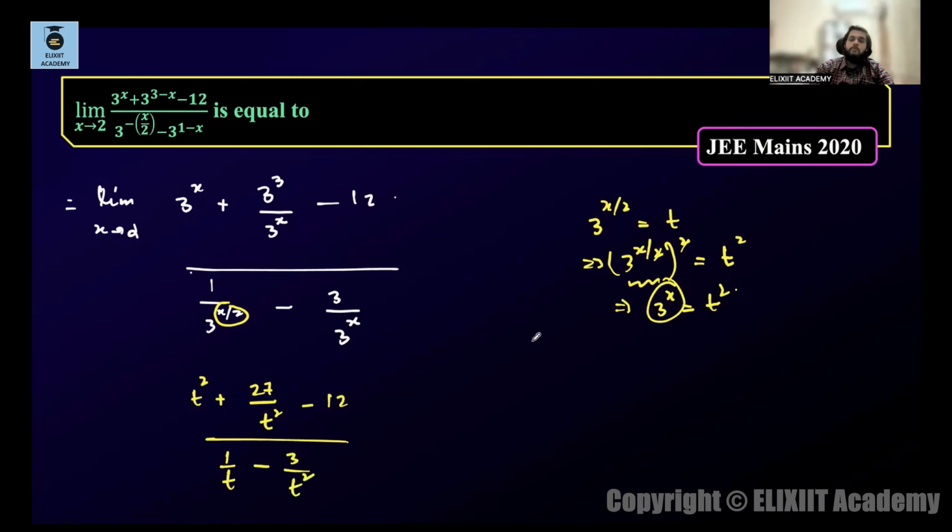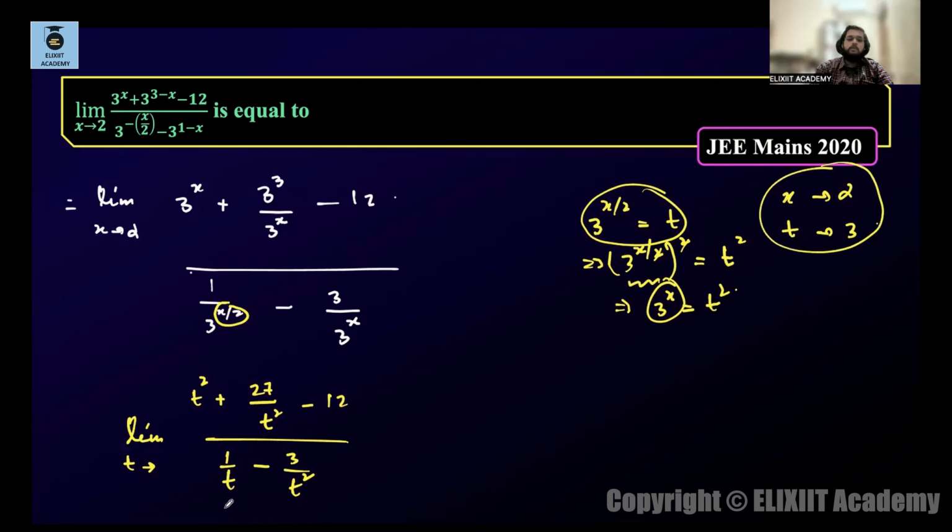Also, because we have taken a substitution, we have to simplify the limit in terms of t. As x tends to 2, t will now tend to 3. Clearly see, x tending to 2, so 2 by 2 becomes 1, so t is 3 now.